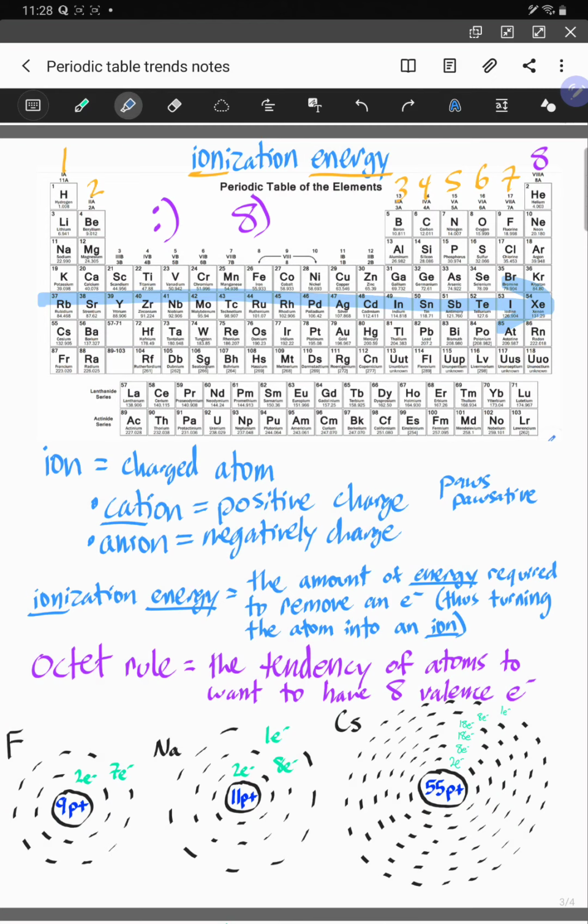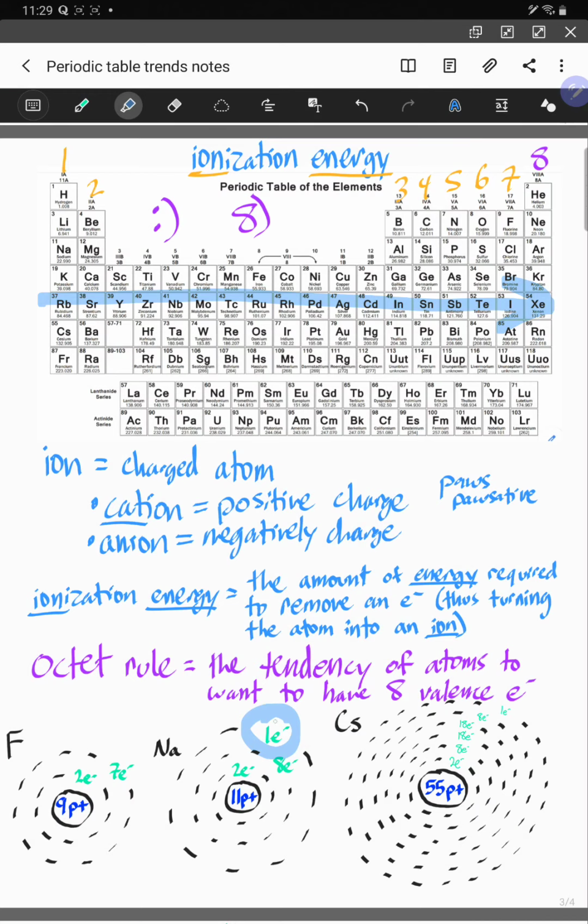So I like to think of the nucleus as a magnet, and because opposites attract, the positive charge of a proton is going to attract the negative charge of electrons and pull those electrons in. But if the electron's not too far from the nucleus, as it is in sodium, at least comparatively to cesium, there's going to be a strong attraction for that electron so that it doesn't leave or get taken from something else.